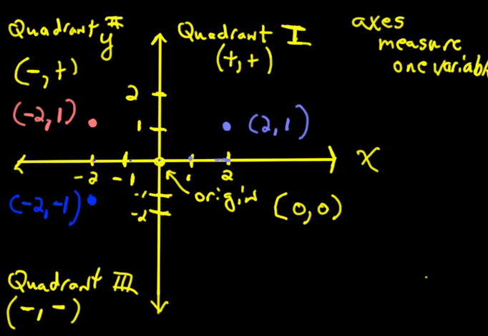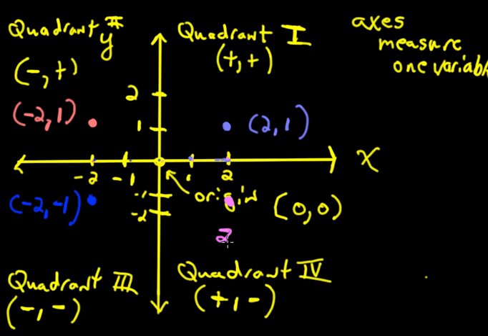And so over here is quadrant 4. All our x values are positive, and all our y values are negative. And so I can do a point positive 2x, negative 1y. And right here, that's going to be positive 2, comma, negative 1.